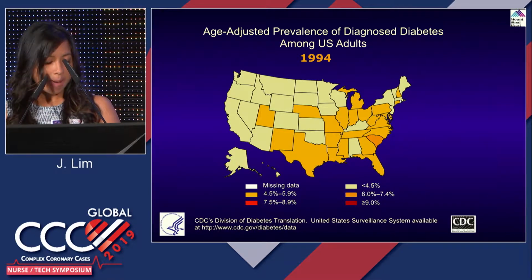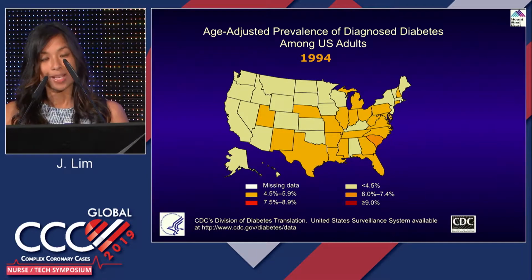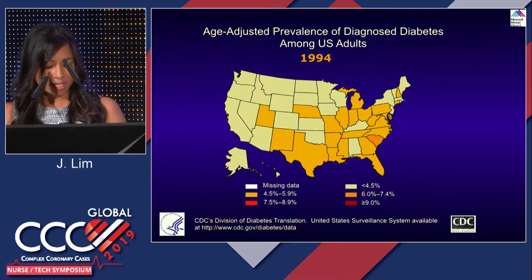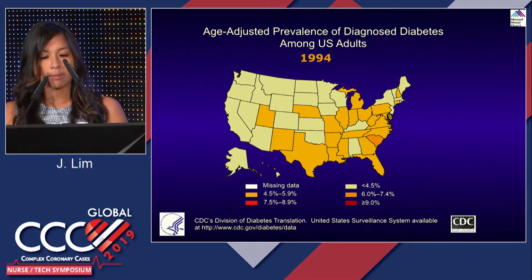I found a map from 1994 from the CDC showing the prevalence of diagnosed diabetes among US adults. As you can see, it generally has a pale yellow, light orange color, and according to that grid, that would say less than 4.5% to 4.5 to 5.9%.